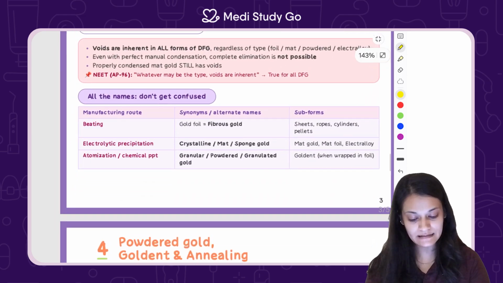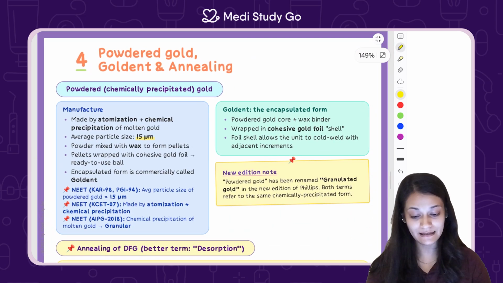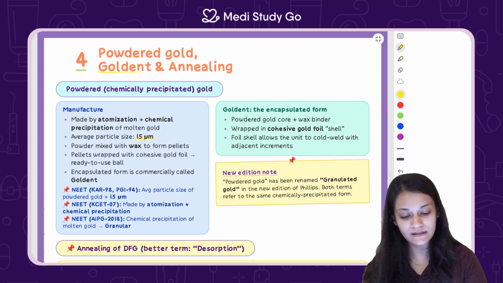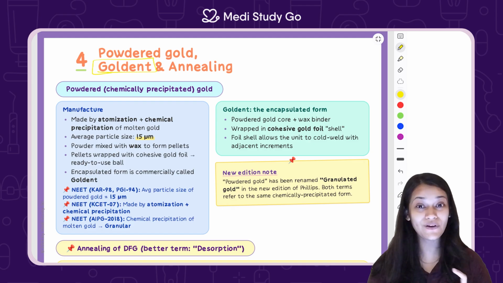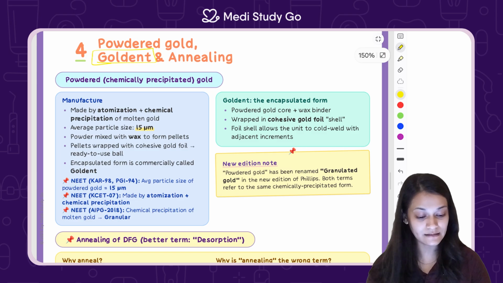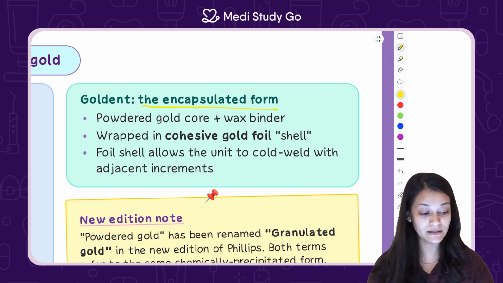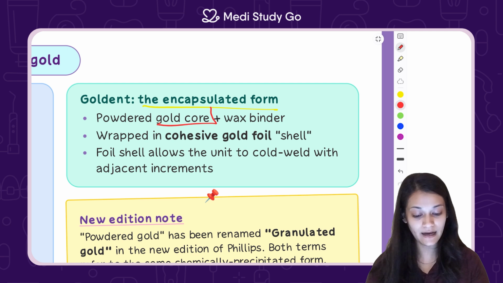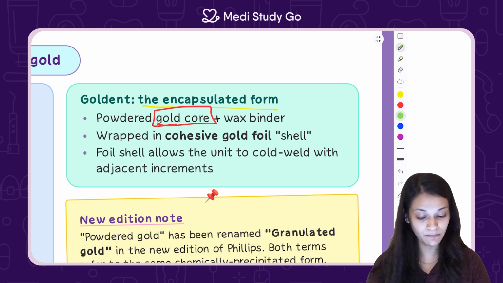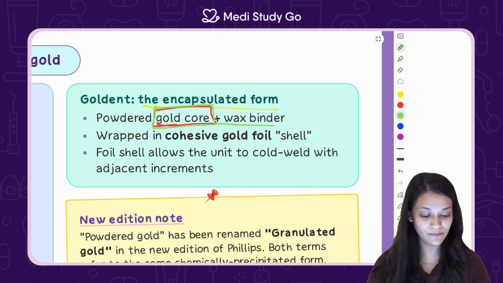So let's quickly see how exactly we have goldent. That was your atomization of gold. So goldent is nothing but an encapsulated form. As I just mentioned, it will have a gold core and the binder here is going to be wax. So it can easily be removed by annealing.